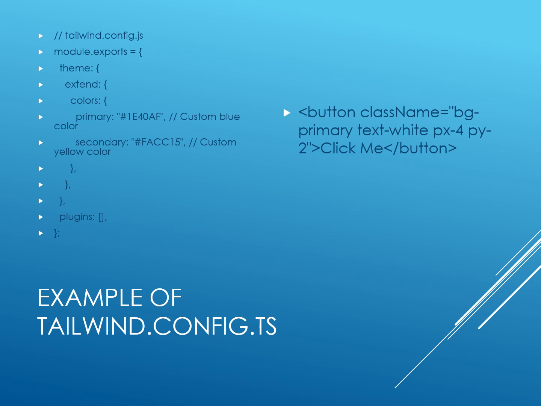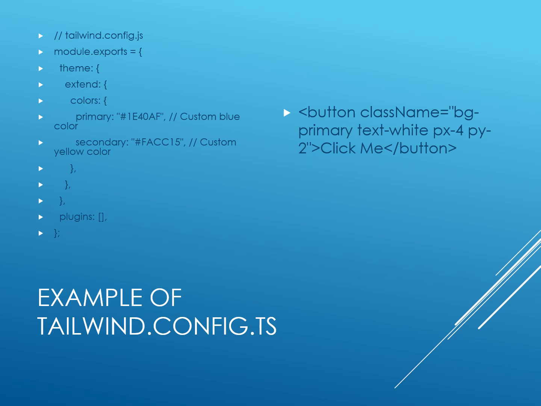You can code like that and extend block. You can write a colors block like colors colon and curly bracket open, then primary color is set to some custom blue color and secondary color is set to a custom yellow color.